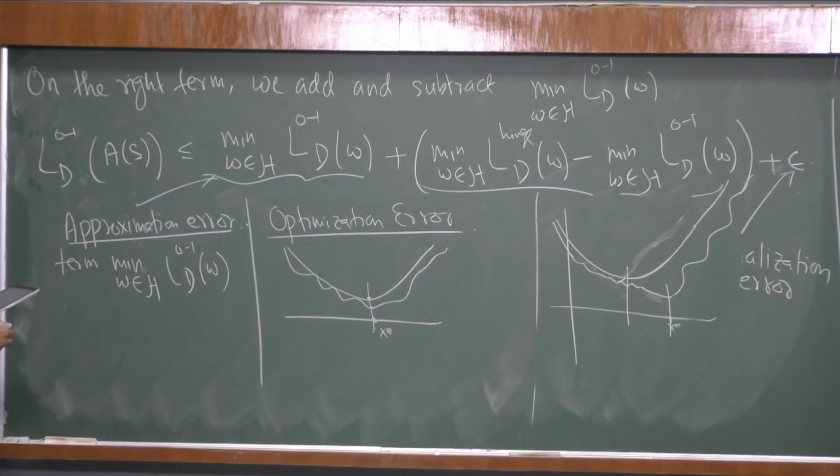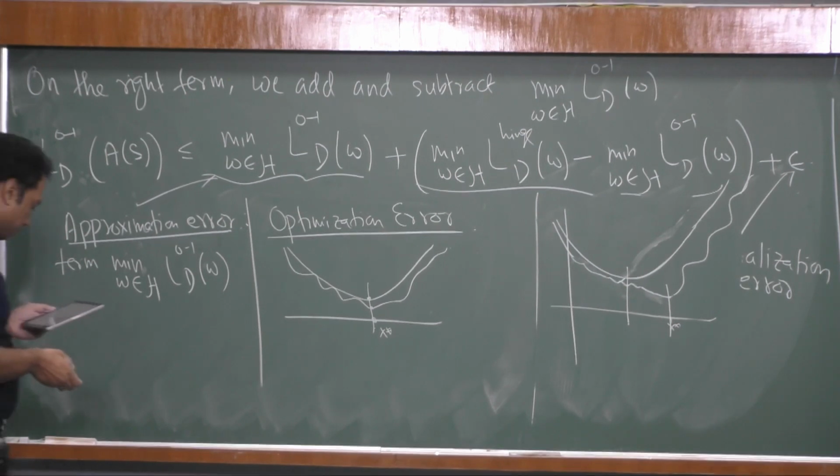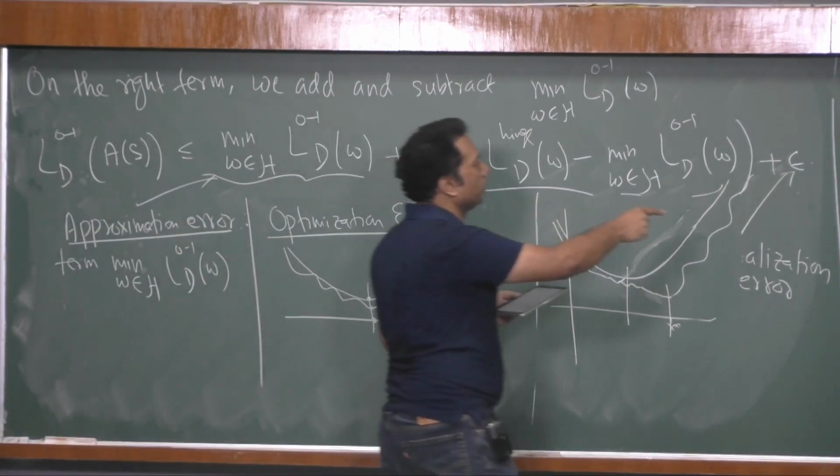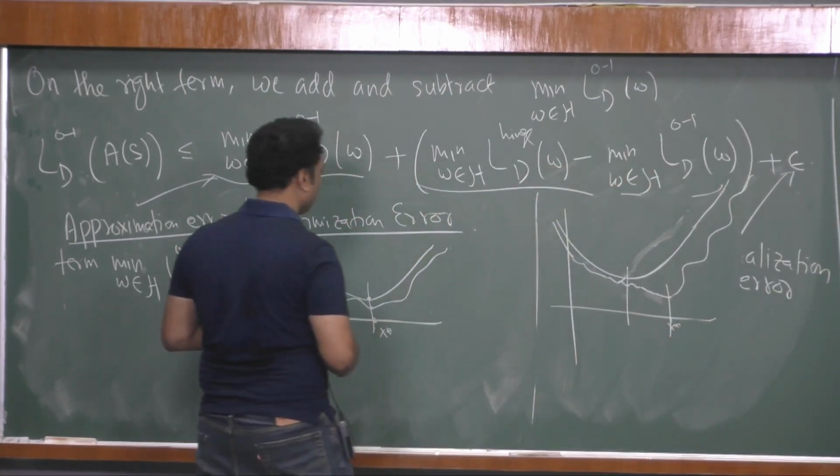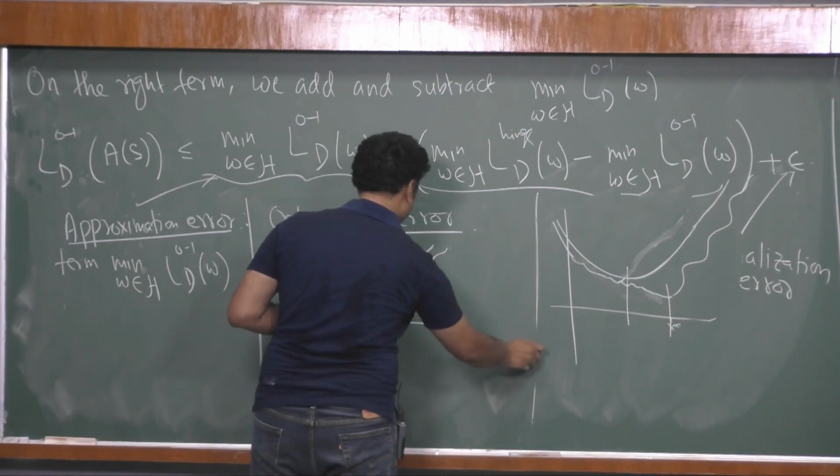And the last one is obviously the generalization error. You can say the epsilon that we have is the same epsilon that we came from the generalization part, right? But the name given is estimation error.